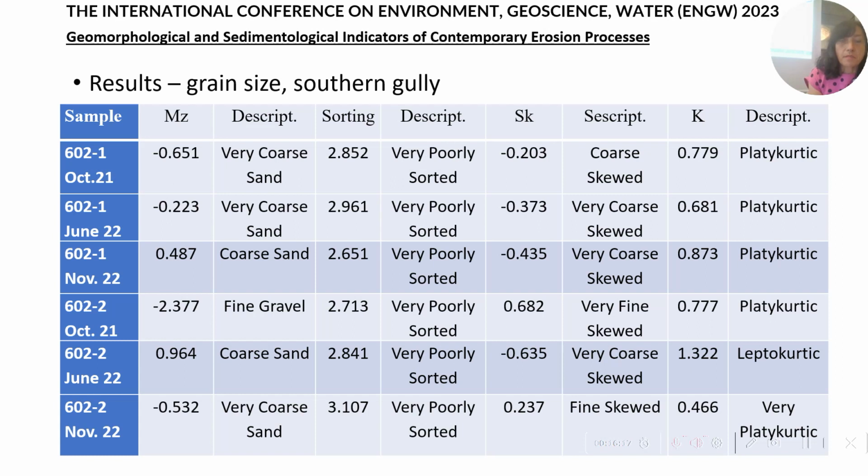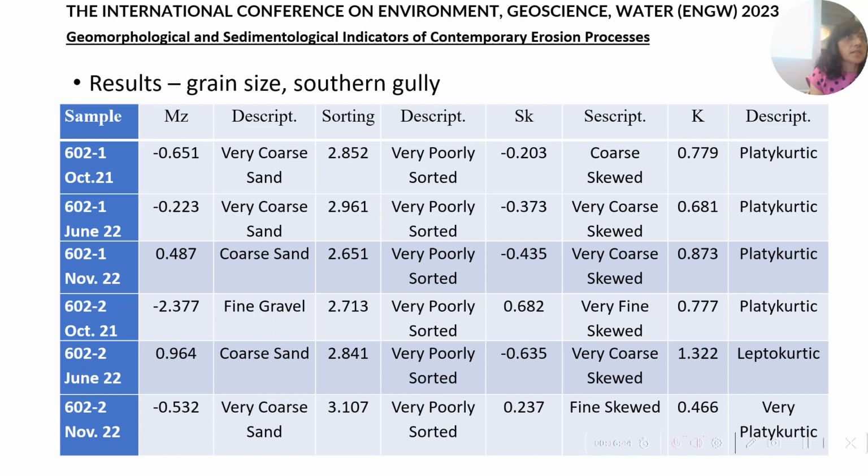For example, skewness can be considered as a measure of the proportion between coarse and fine fractions of the samples, and in this regard gives information about the sorting of the materials and the environmental conditions of transport and deposition.